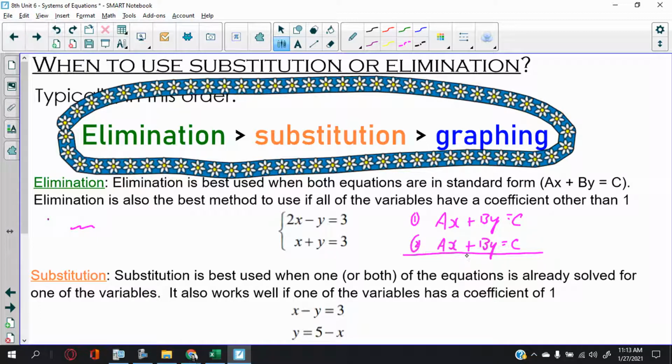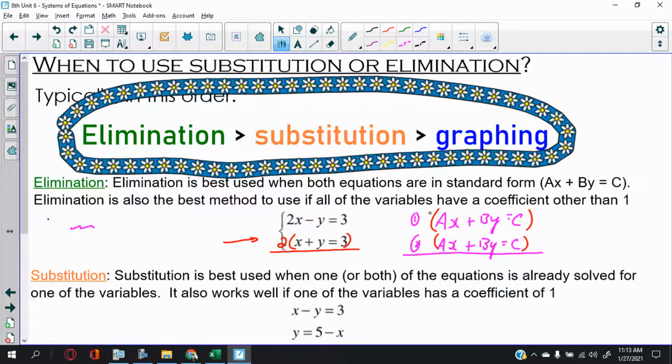Whereas a type 2 elimination is when you have to multiply one or the other. Like in this case, you have to multiply the second expression by 2, and then you subtract, and so on. Sometimes you have to multiply by a number. And then the third type is when you have to multiply both of them.